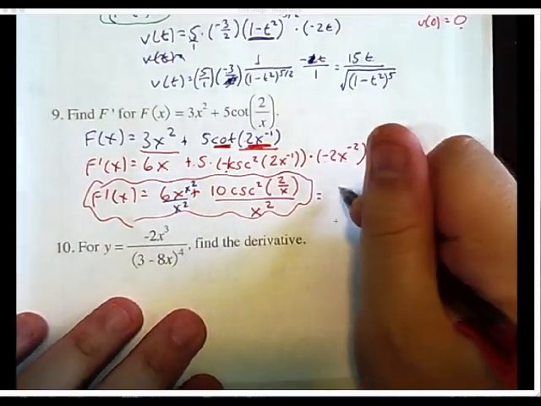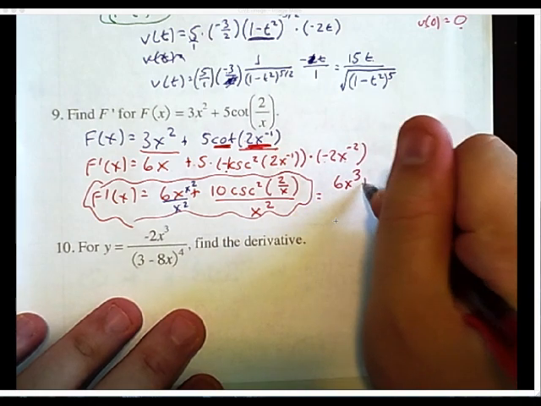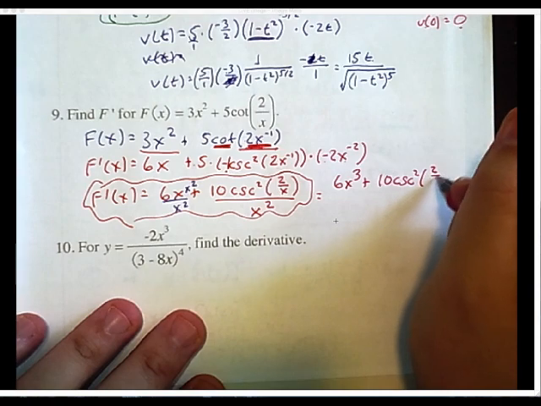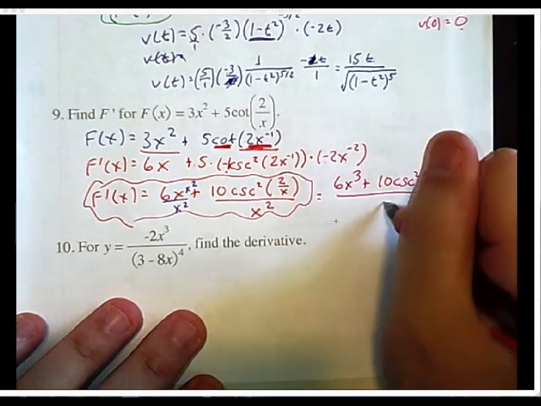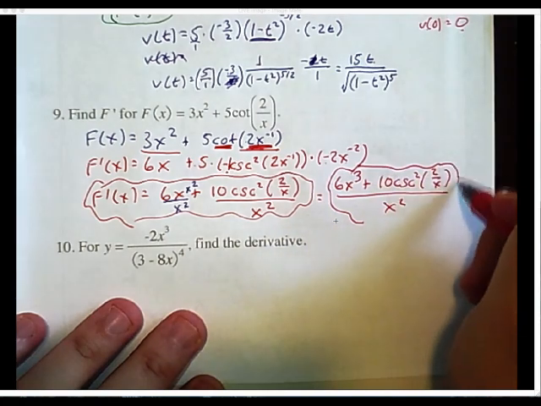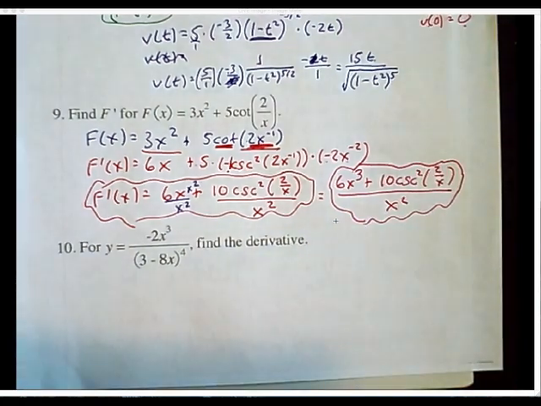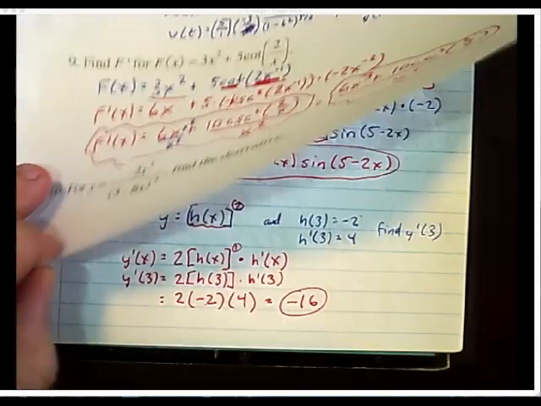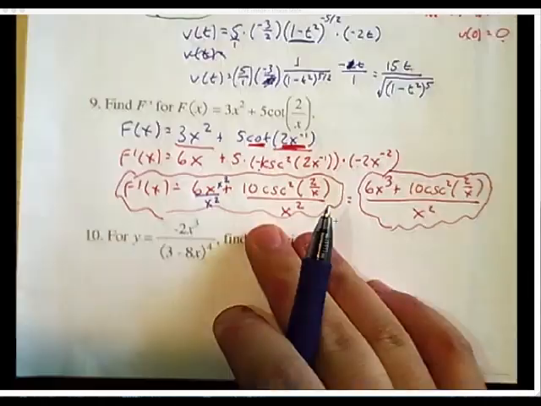So you could also write it as 6x cubed plus 10 cosecant squared of 2 over x, that whole thing over x squared. Now you got a common denominator. All right, last problem on this extremely long note card.